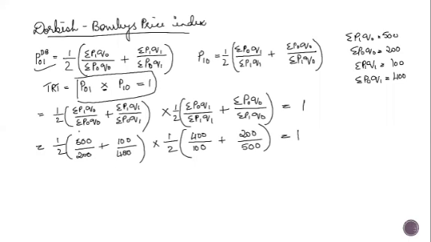So first, what do we do? We'll find the value. That is half, 500 divided by 200. What is the value? Students, are you all there? Yes, 500 divided by 200. Quick students, do not waste the time.